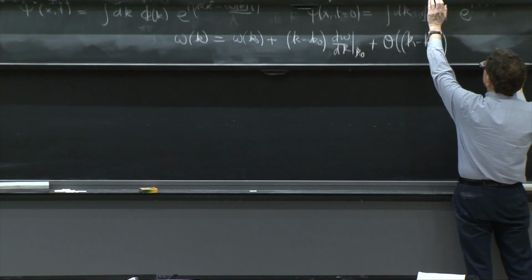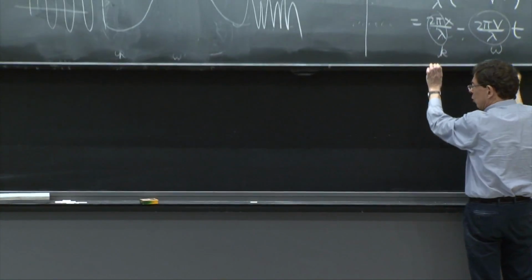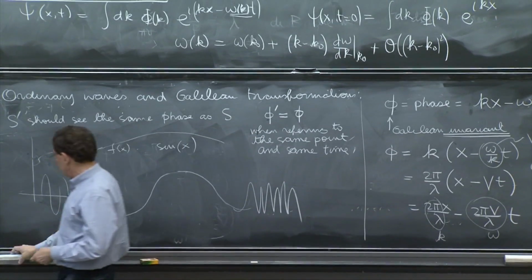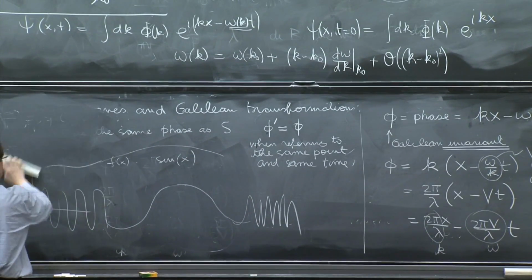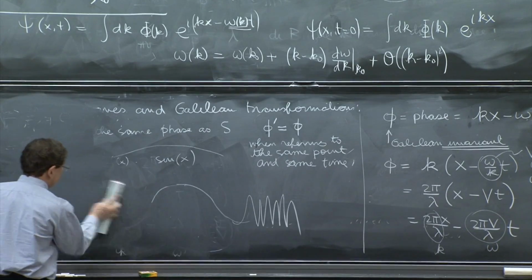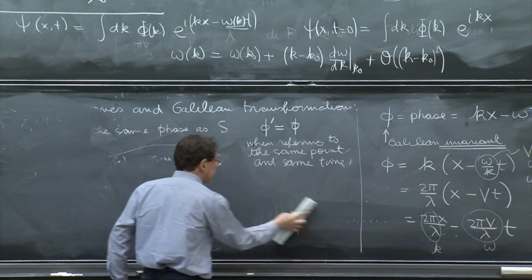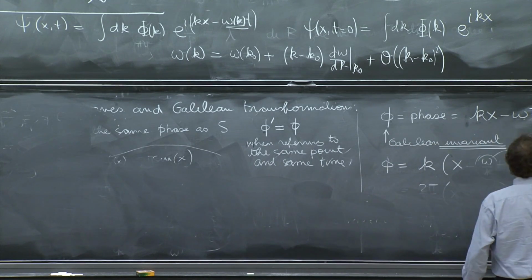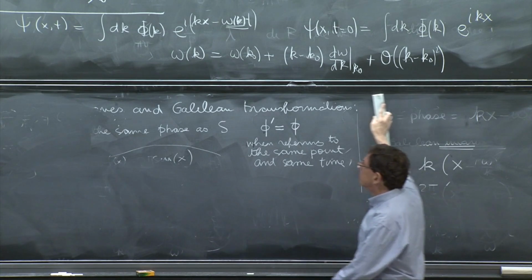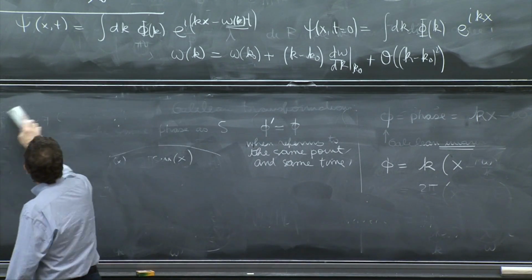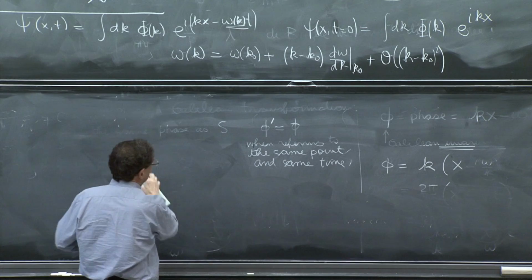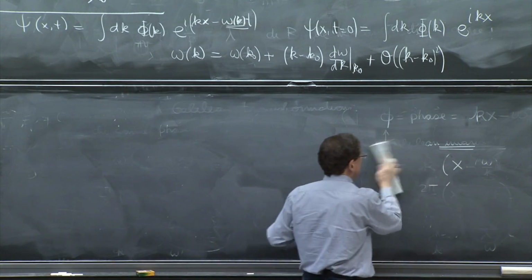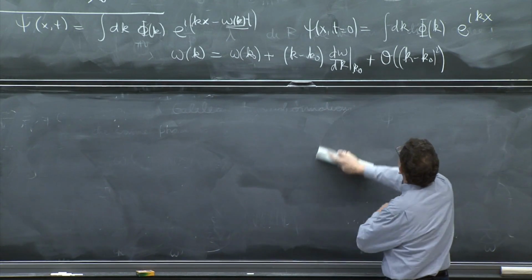So if I've expanded omega as a function of k, which is the only reasonable thing to do, k's near k naught are the only ones that contribute. Omega of k may be an arbitrary function, but it has a Taylor expansion. And certainly you've noticed that you get that derivative that somehow is part of the answer. So that's certainly a bonus.